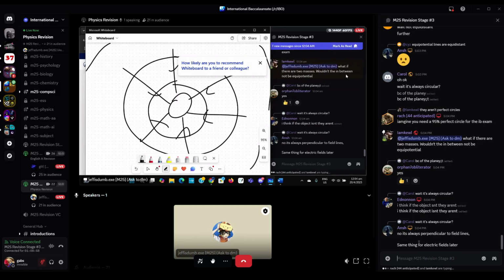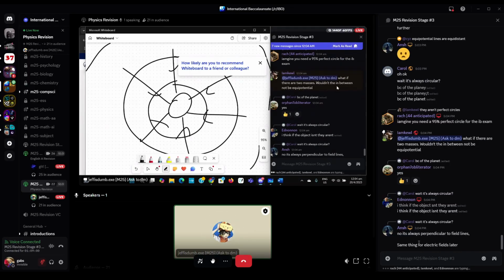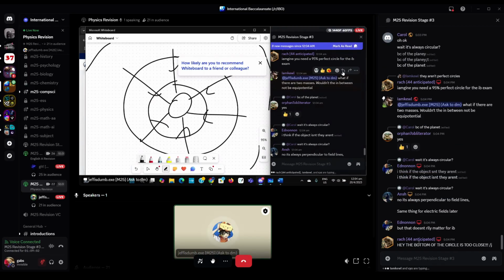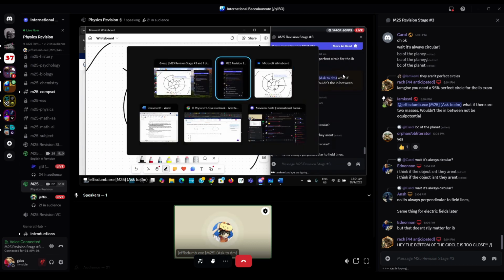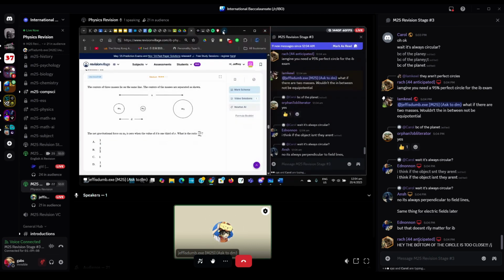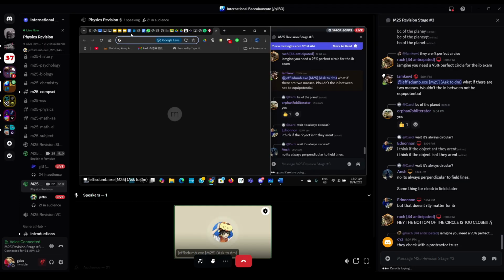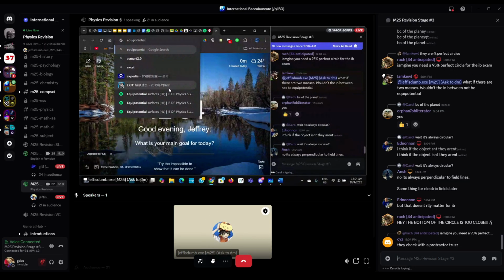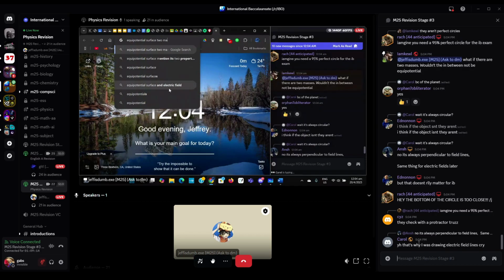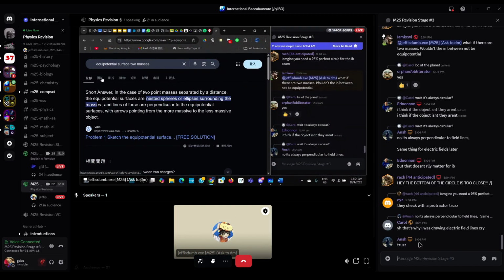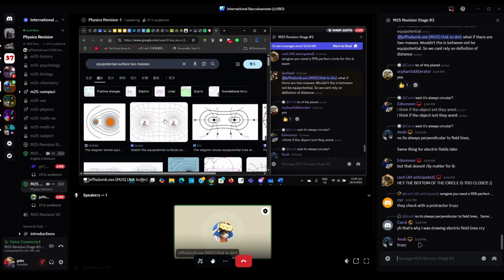What if there are two, would the in between not be equipotential? Yes, it will be a bit harder if you have two masses. So let me just do a quick search. For two masses, the equipotential surfaces will look something like this.